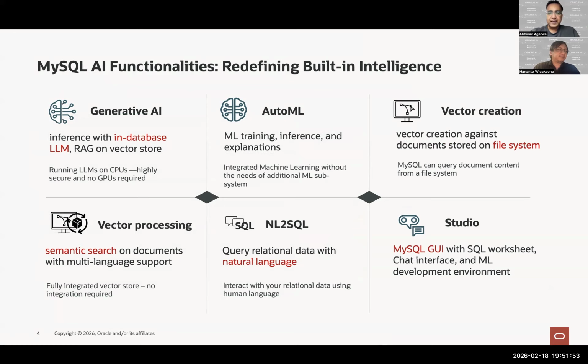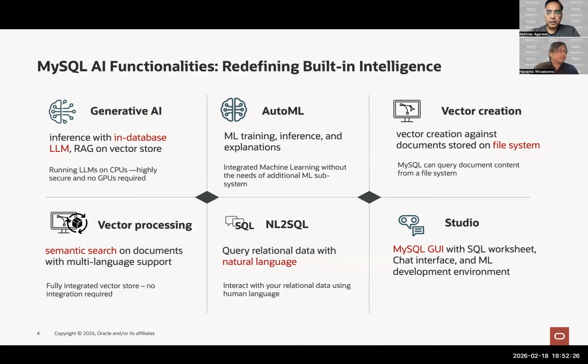Now, there are public LLMs, but if you want to be able to use your company's data to ask questions of LLMs, a few things are required. The first one is if you're running this solution in your data center, then you don't want to connect to any cloud-based LLM. MySQL AI ships with an in-database LLM that runs on generic CPUs, does not require any GPUs, expensive hardware, customized hardware to run.